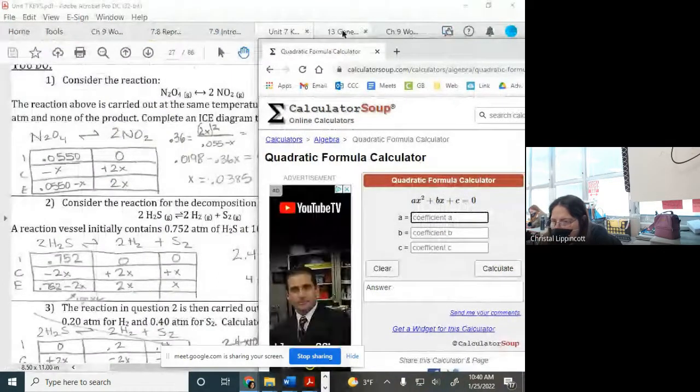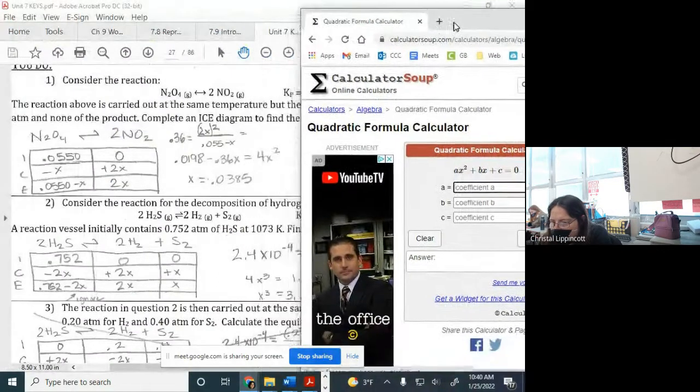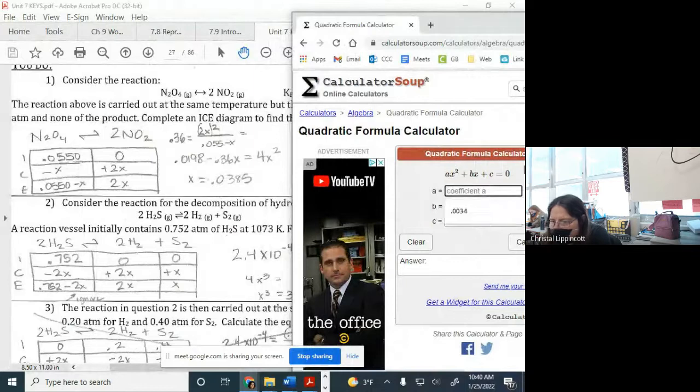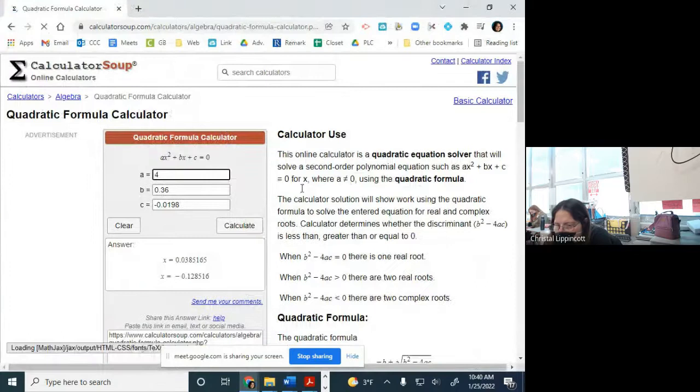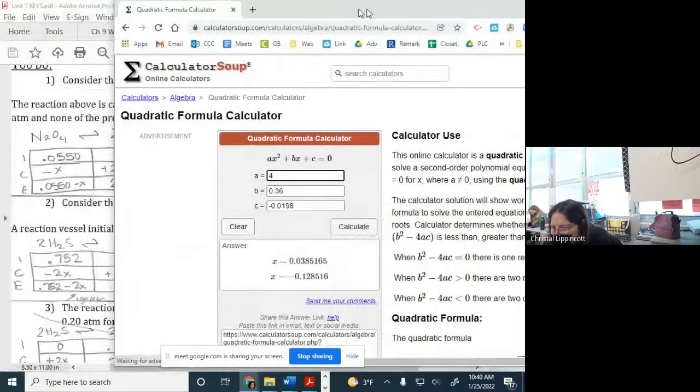Okay, so my quadratic formula here for A would end up being 4. My B would be 0.36, and this would be a negative 0.0198. And I'm going to calculate that now. So here are my answers.